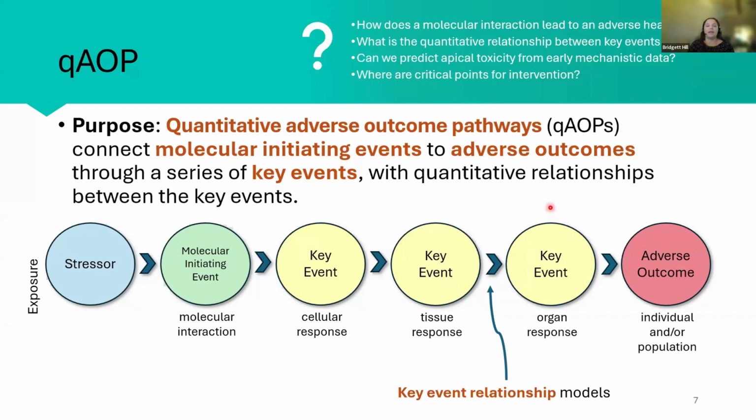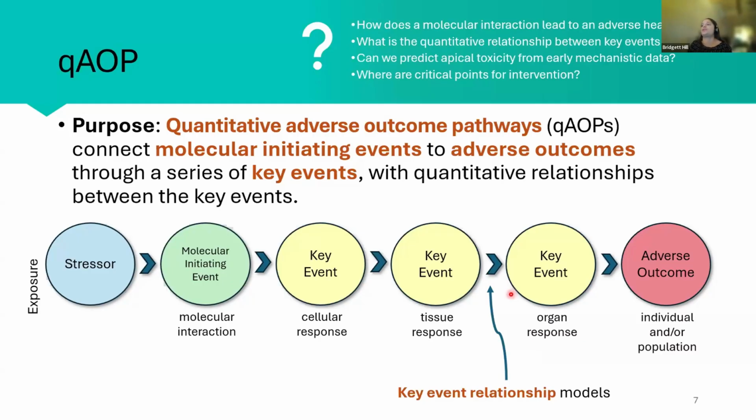How quantitative AOPs, or QAOPs, differ is that they add in quantitative information, specifically using models to describe the relationships between these key events, such as key event relationships.